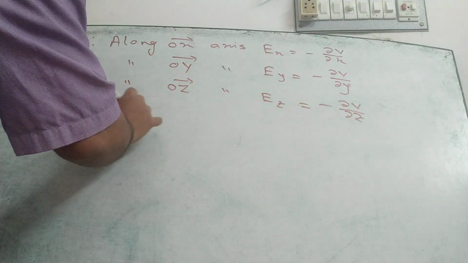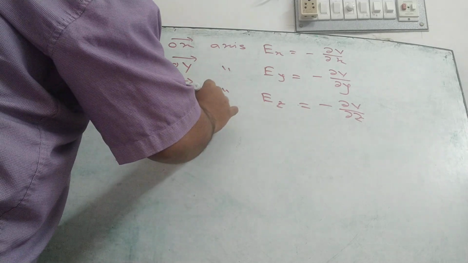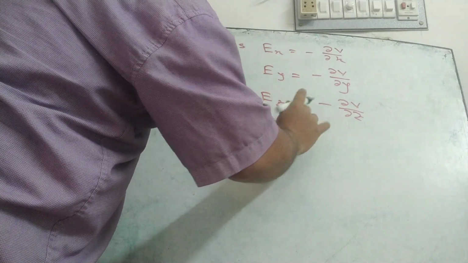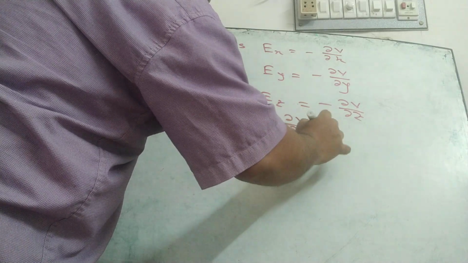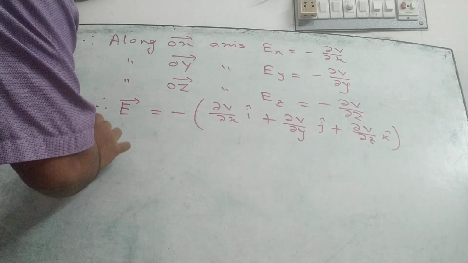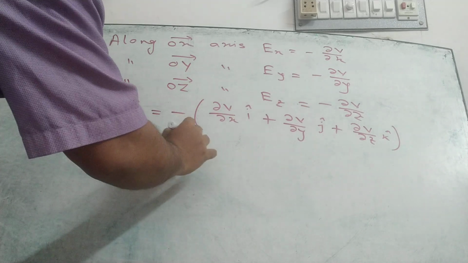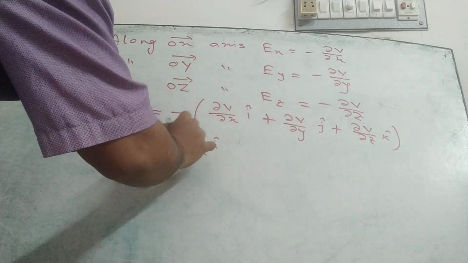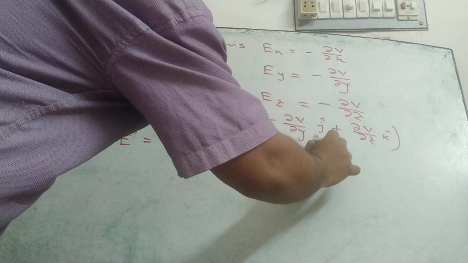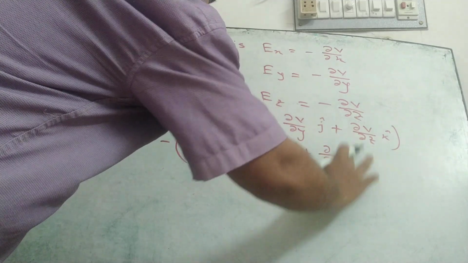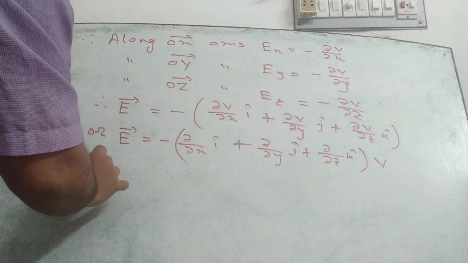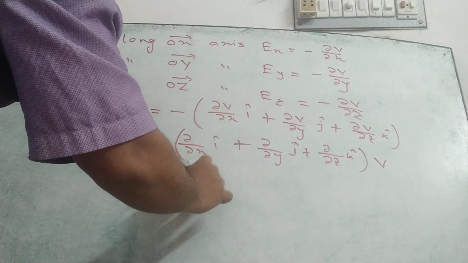So therefore resultant electric field at a point E is equal to minus within first bracket dou V dou X i cap plus dou V dou Y j cap plus dou V dou Z k cap, or E vector is equal to minus dou dou X i cap plus dou dou Y j cap plus dou dou Z k cap V, and this is known as del or nabla.